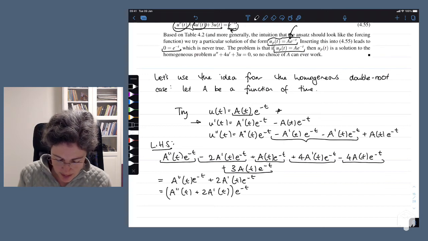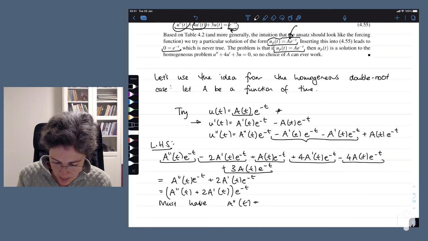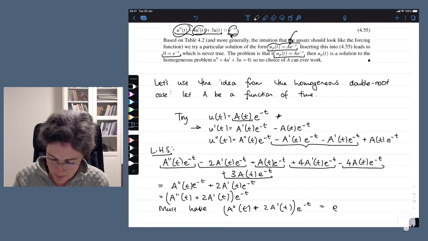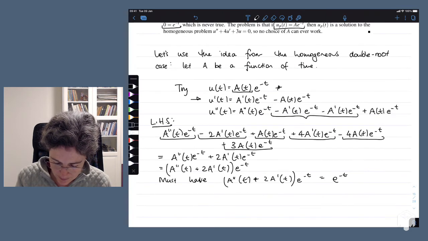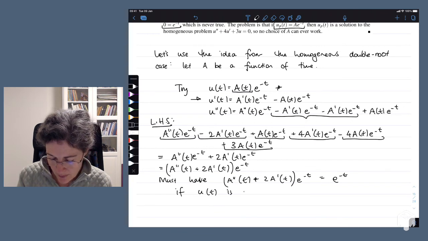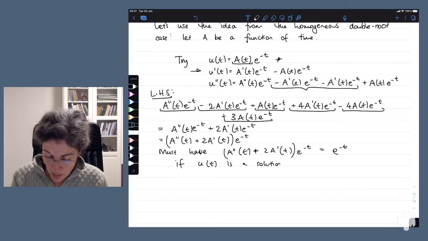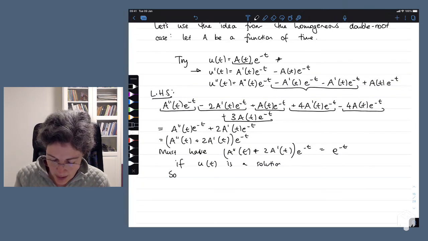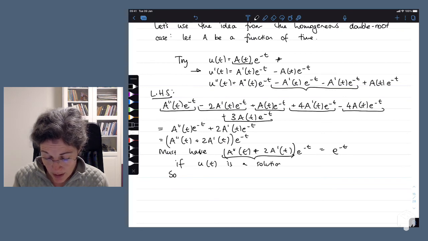We must have that this left hand side is equal to the right hand side if our proposed u of t is a solution, from which we can conclude that this term over here must be equal to 1.